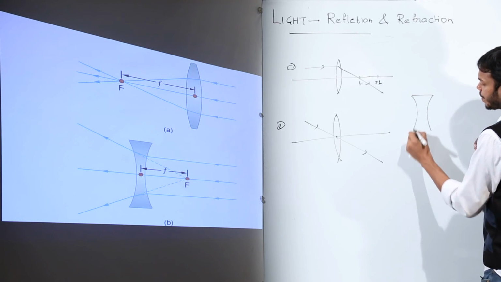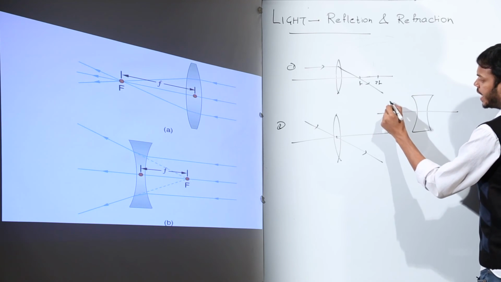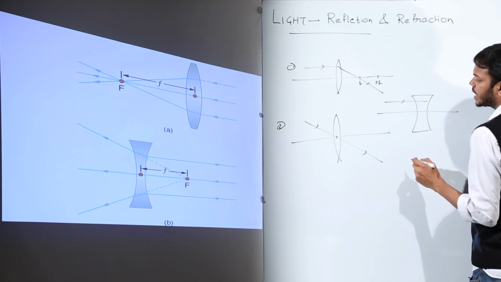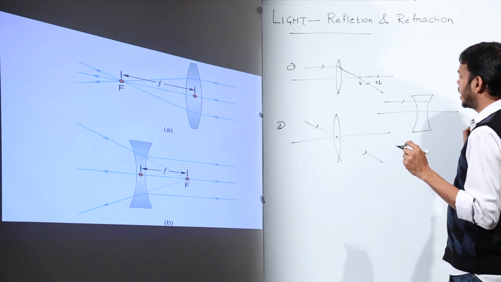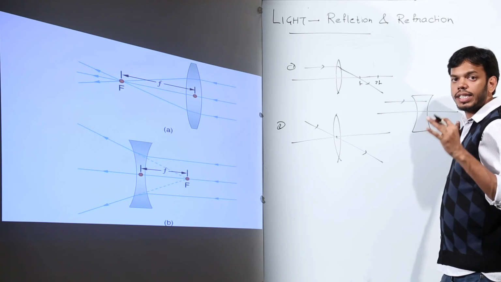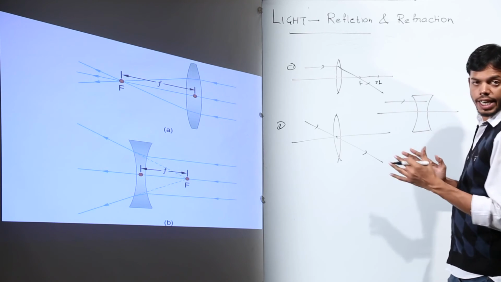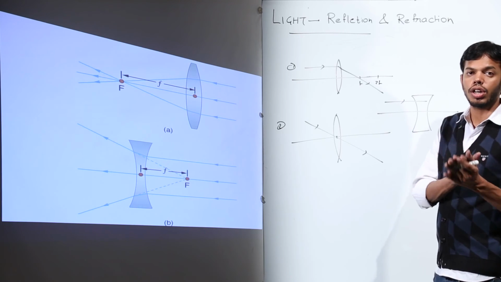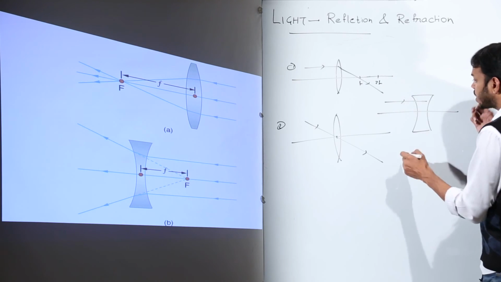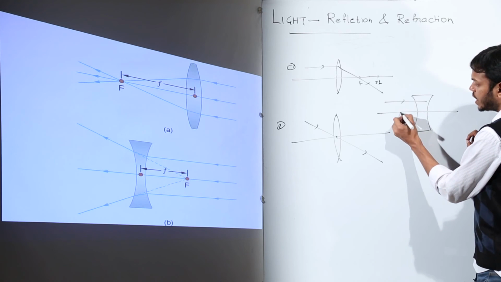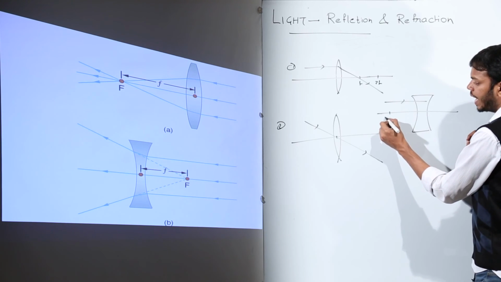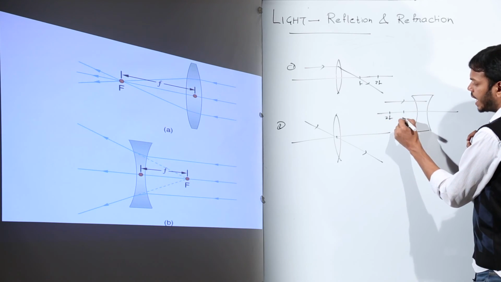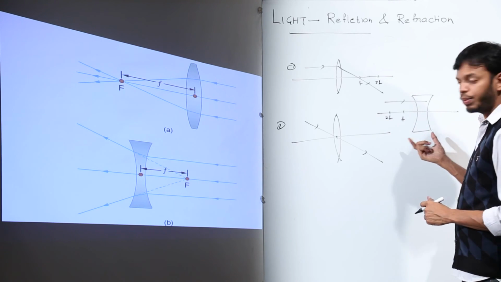First one, the ray which is parallel to the principal axis will pass through the focus. Now I have just told you that the distances to be measured and the ray diagrams to be drawn are taken from the focus and 2F, or the center of curvature, of the first surface only. So for this first surface, C or 2F would be here, and half of that, the focal length, would be on this side.